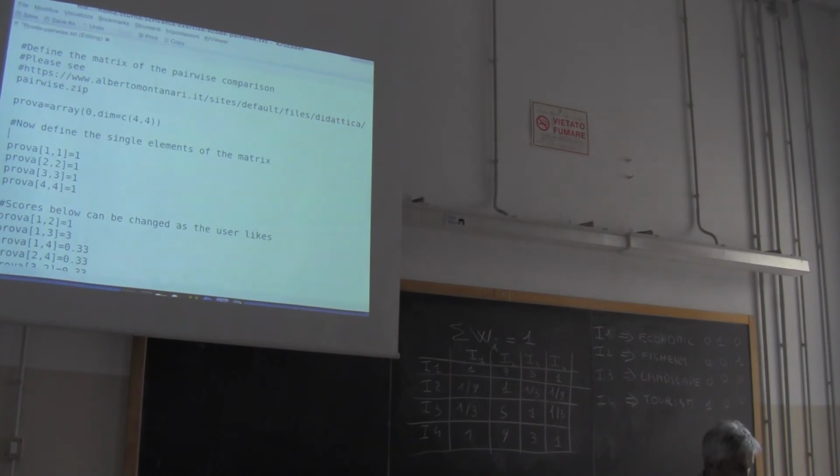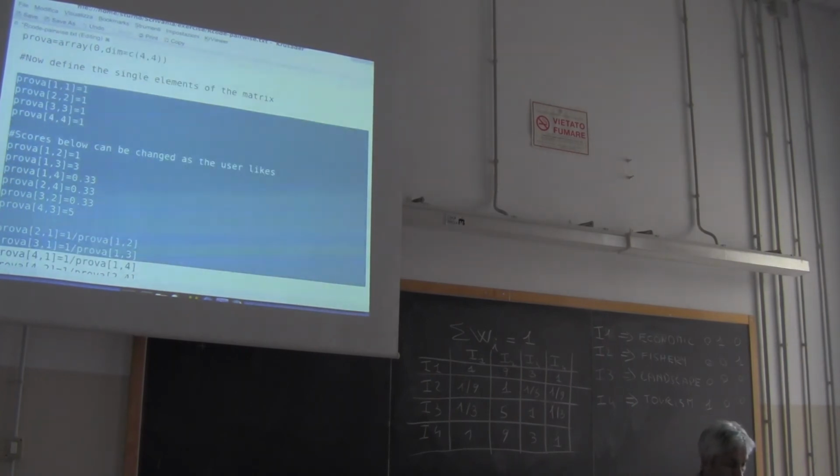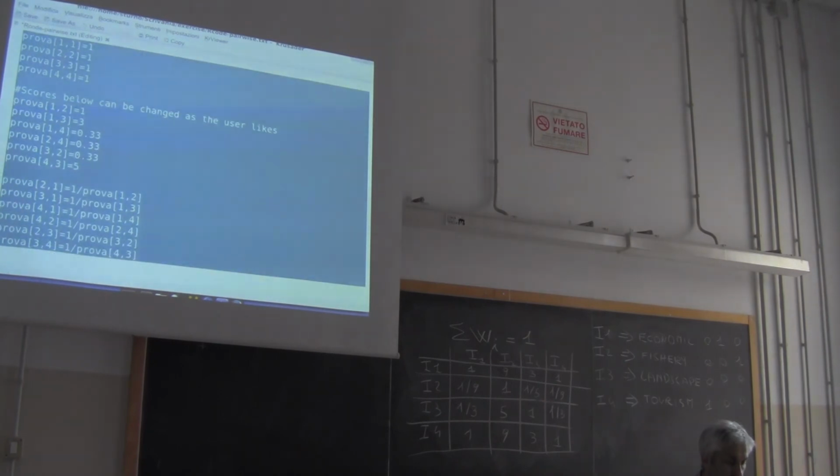The values are, first of all, the diagonals. The diagonals are 1. And then there are the values in the pairwise comparison. And these values are defined by comparing each indicator with the others. And then I compute the symmetric ones, the anti-symmetric ones.